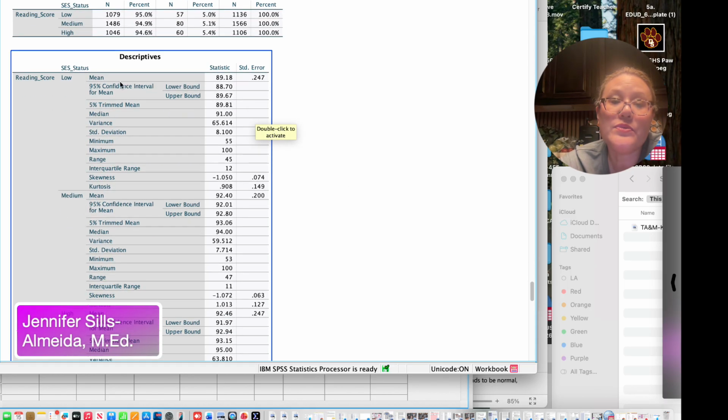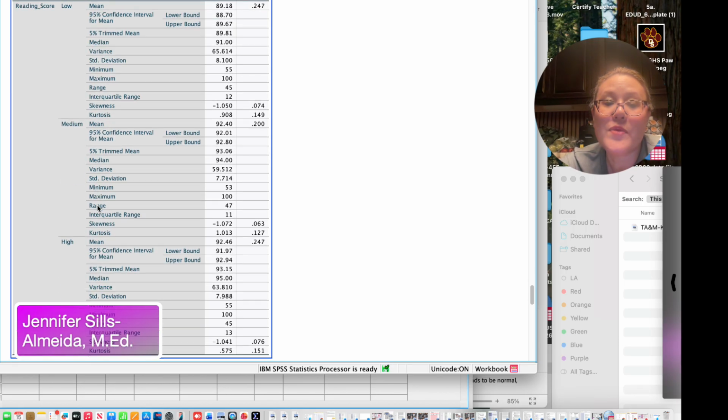Now let's talk about the mean. We're trying to see how socioeconomic status affects the reading scores. The low mean was 89.18, so people in the low socioeconomic status have a reading score of almost 90.